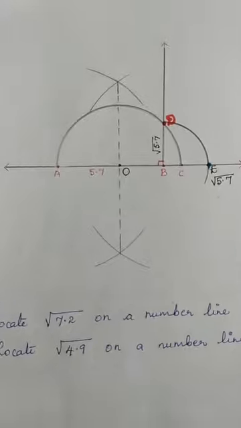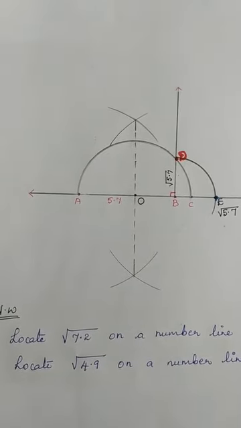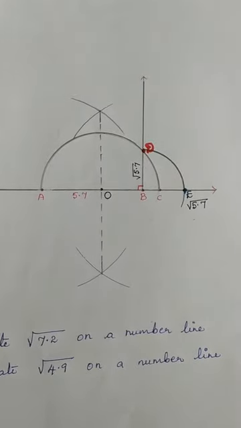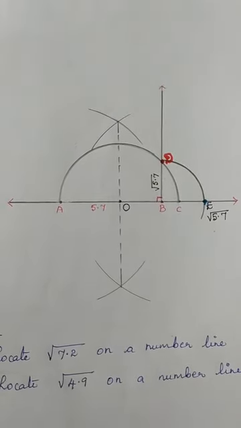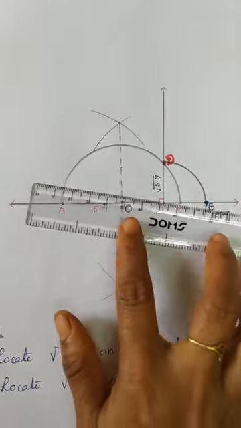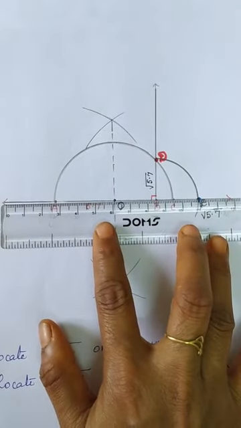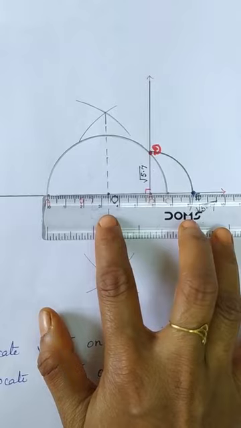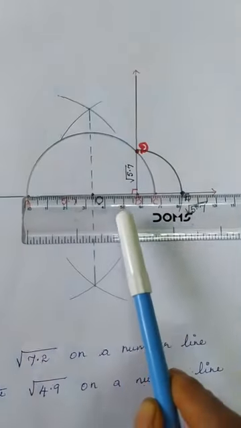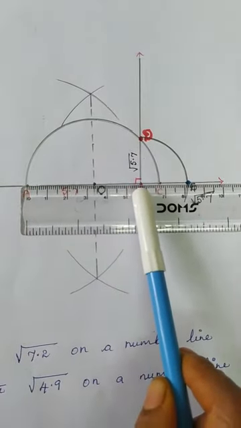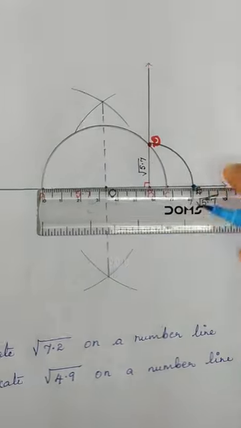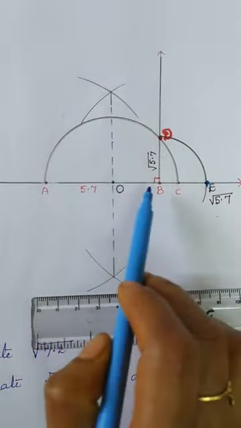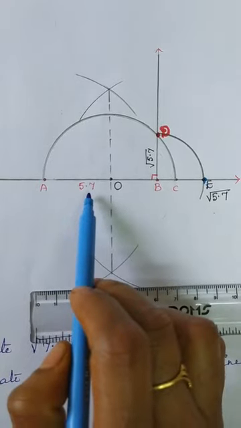Again, I am repeating, children, once again, all the points. Listen carefully, then it will be easy to understand. See, first we are going to draw a line, and then we are going to mark A to B as 5.7 units. Here it is 5. I have marked 5.7 centimeter on the number line, which is AB. This distance AB is 5.7 units.